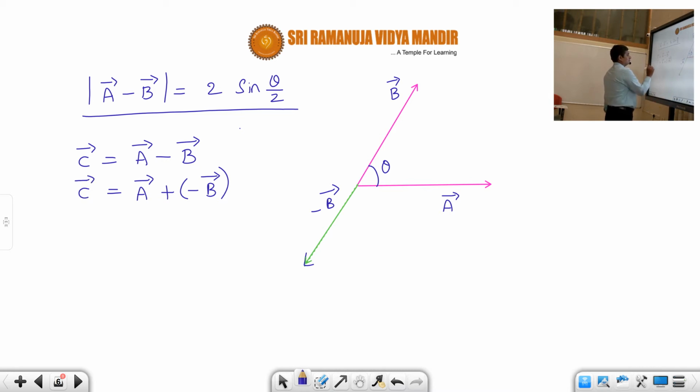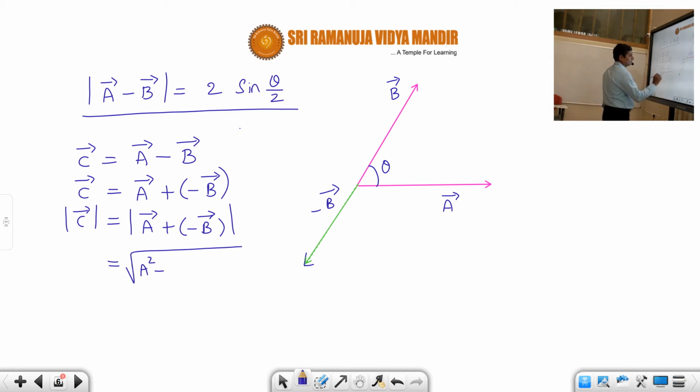Now its magnitude: the magnitude of C vector is equal to the magnitude of A vector plus of minus B vector, students. So that is equal to root over A square plus B square plus 2AB cos of the angle.